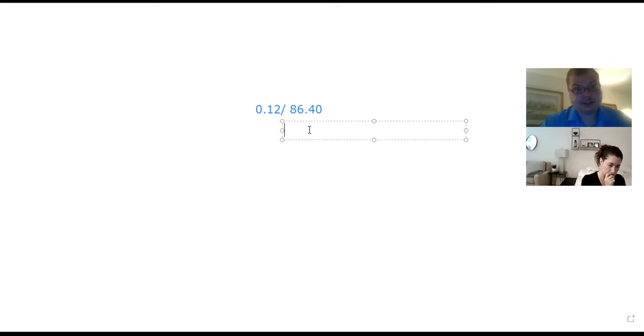So for here, we need to get rid of these decimals. So we need to multiply each side by 100. So we're going to turn this into 12. That decimal is going to disappear. We're going to multiply by 100 and it's going to move over by 2 places, and it's going to be 12.